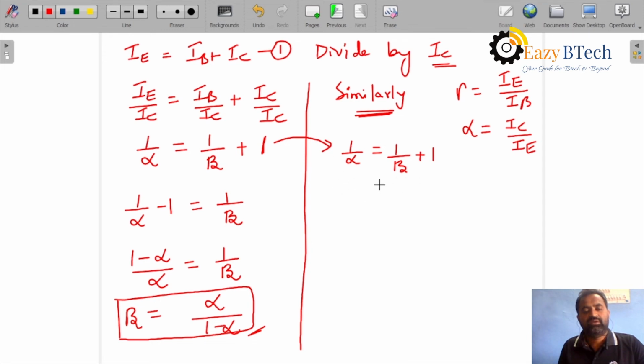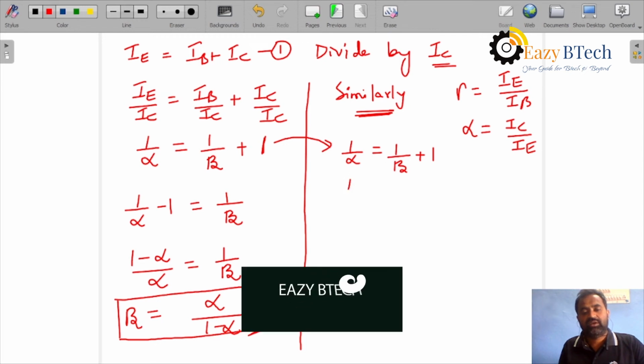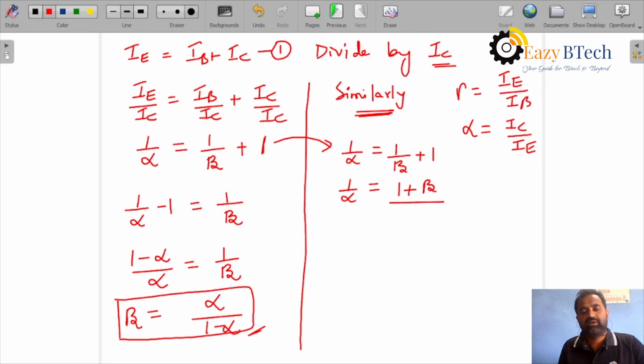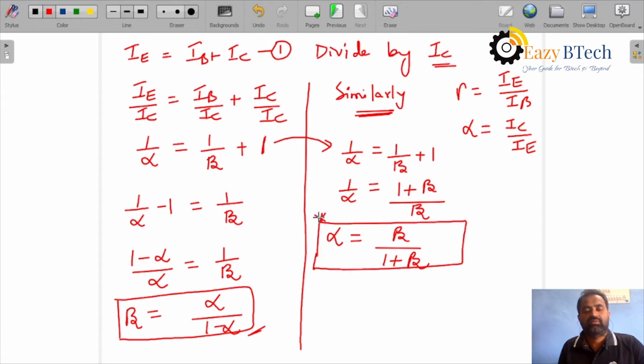Now to find the value of alpha in terms of beta, we can write 1 by alpha is equal to 1 plus beta by beta. Now alpha is equal to beta by 1 plus beta. This is the relationship.